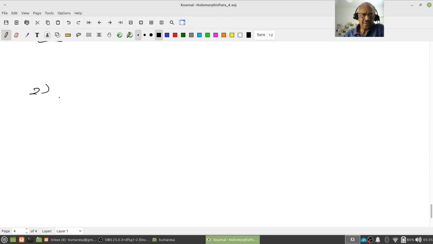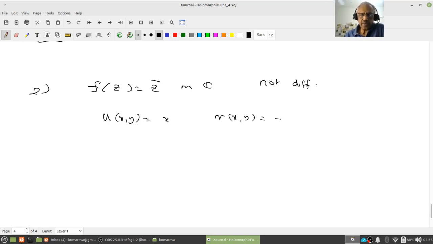Let us look at f of z equal to z bar on C. We know it's not differentiable. Let us look at this. Therefore, what is u? U of xy is x, and v of xy is minus y.